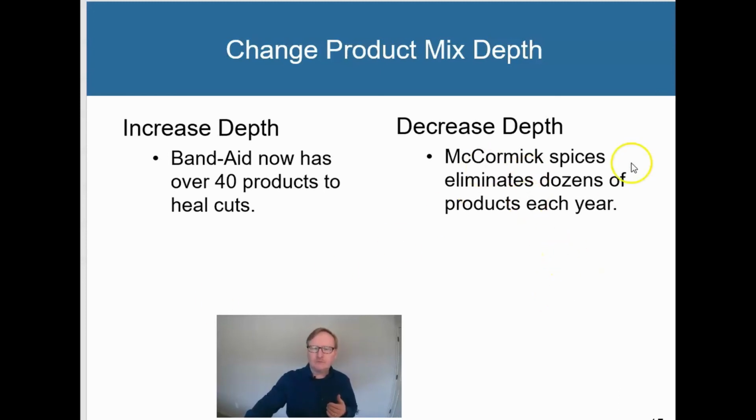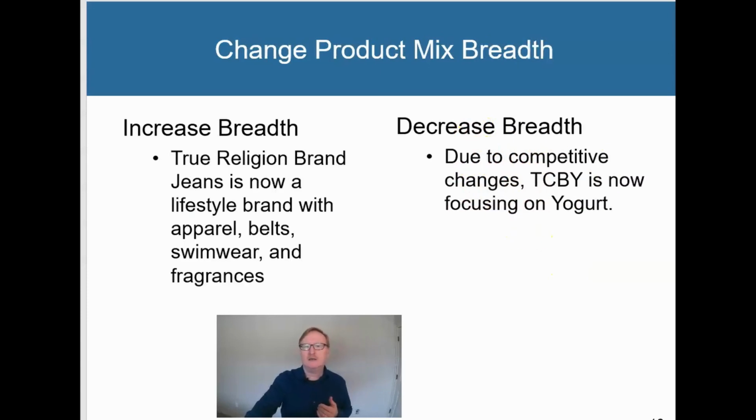But we see here that they could decrease their depth, and they could also decrease the breadth. So maybe Mars is no longer interested in being in the rice business, and they sell off the Uncle Ben's to another food company, and so they're no longer in the rice business.